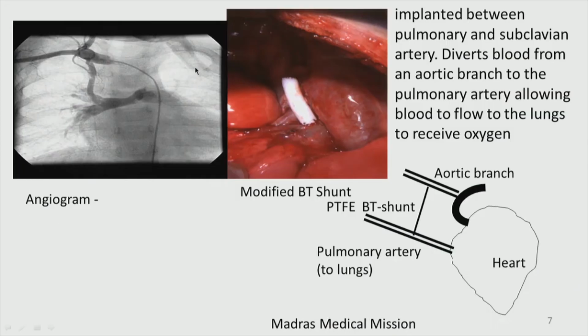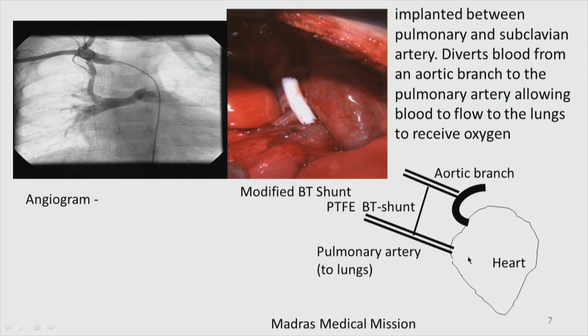Look at this, these are shunts, BT shunt it is called, used near the heart region. This is made up of polytetrafluoroethylene. Okay. So, if you take the heart here, for example, this is the pulmonary artery, going to the lungs.